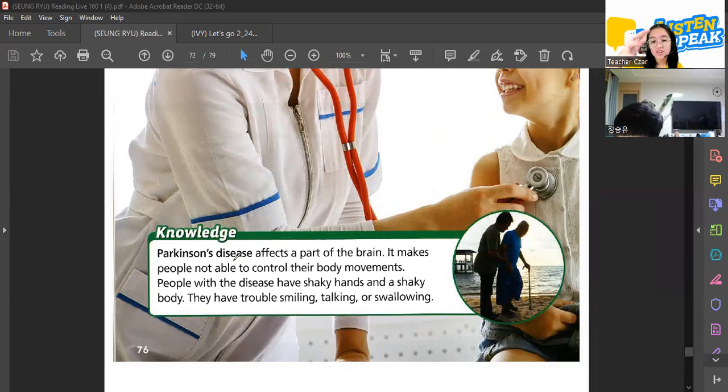Another thing is that people with this disease have trouble smiling, talking with other people, and swallowing or eating food. But we will have this again in our next class. That will be all for tonight.